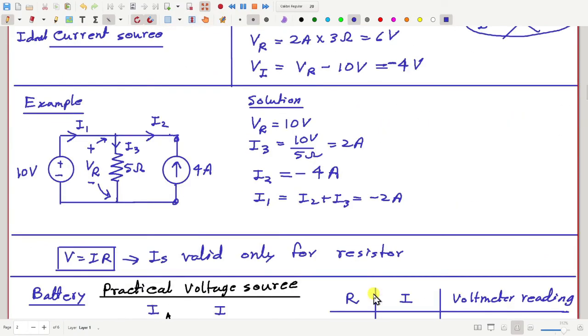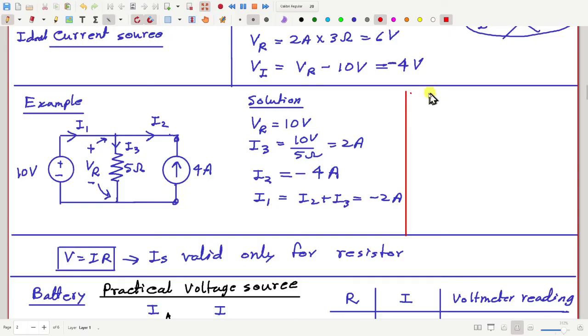Let me ask some more questions. This problem we have solved earlier today. Now, how much is the power supplied by the voltage source?